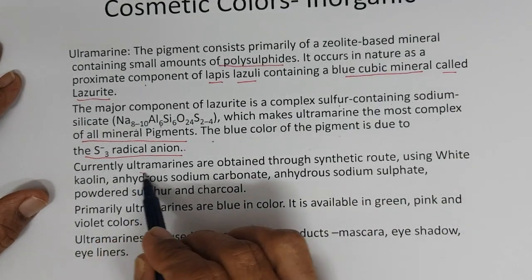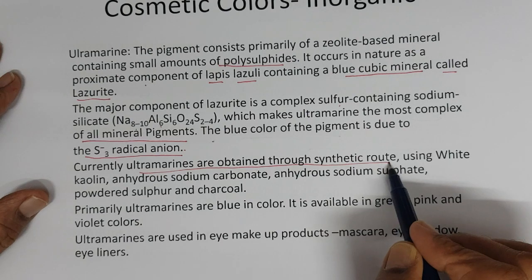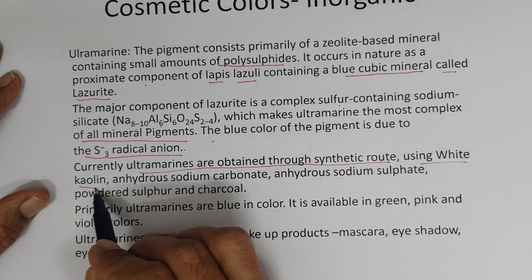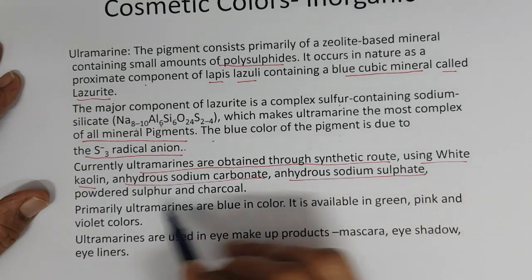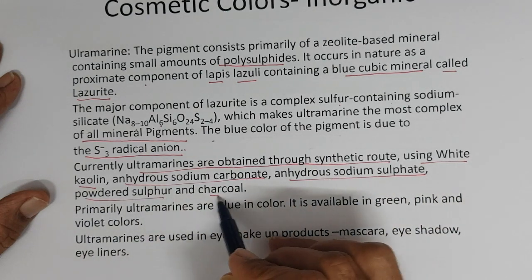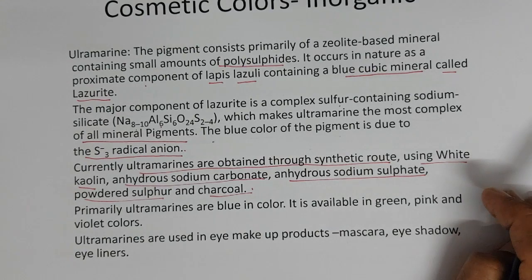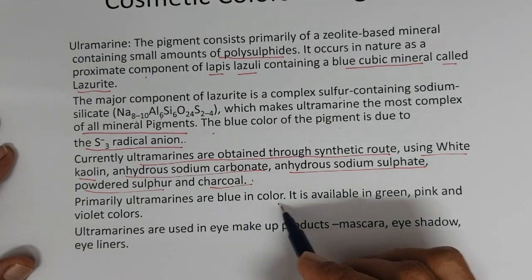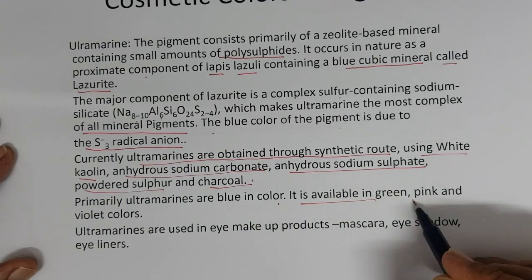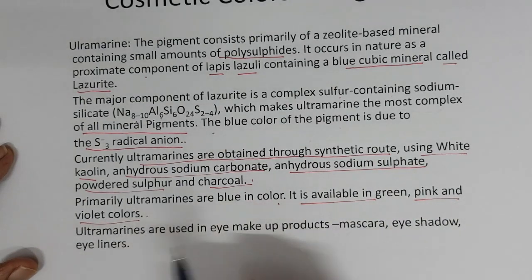Currently, ultramarines are obtained through a synthetic route using white kaolin, anhydrous sodium carbonate, anhydrous sodium sulfate, powdered sulfur and charcoal.